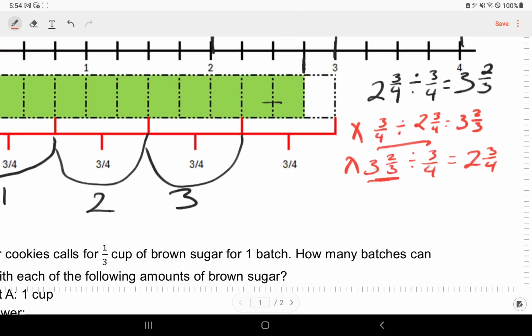And it might have the right starting numbers, 2 3/4 divided by 3/4, but then the wrong answer, 3 and, let's say, instead of 2/3, 1/2.